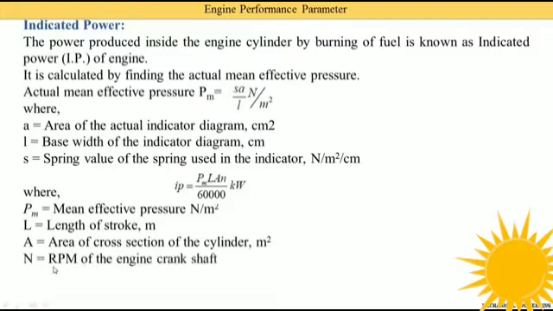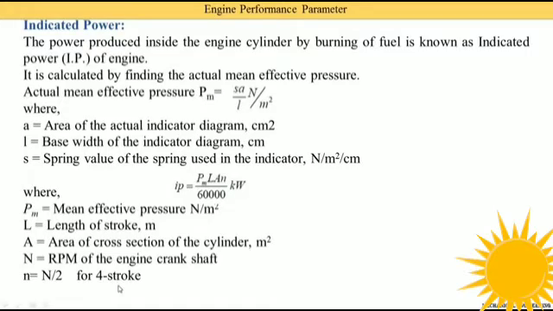And the last one is N, that is the RPM of the engine at the crankshaft, the output RPM of the engine. And small n is equal to big N divided by 2 for a 4-stroke engine.